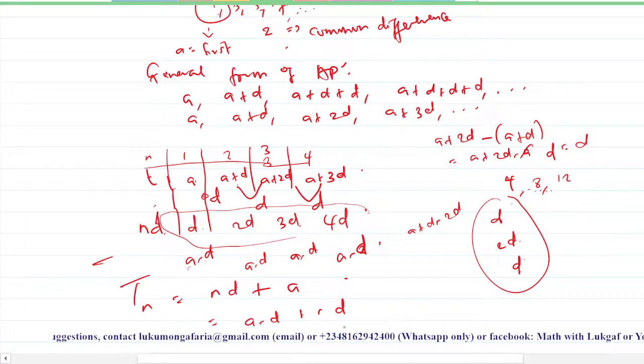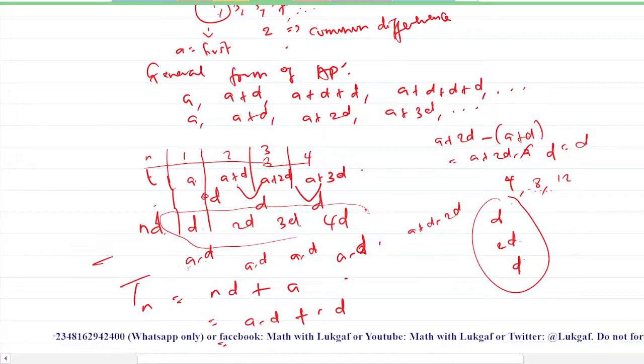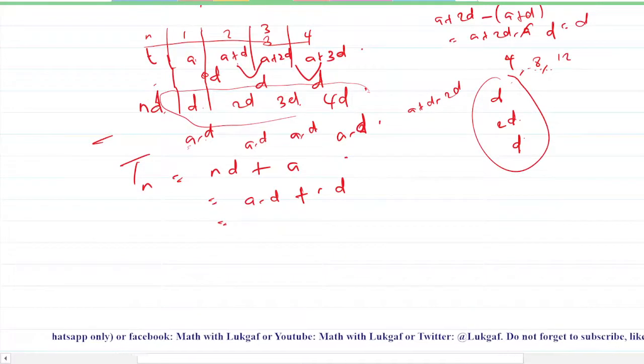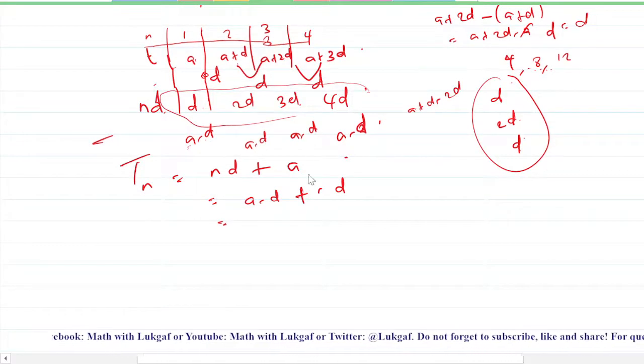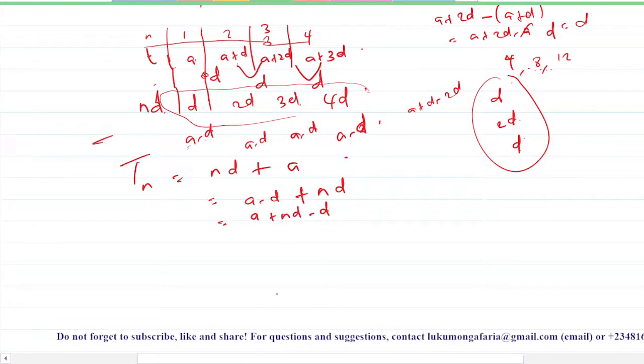You can rewrite this as A plus ND minus D.